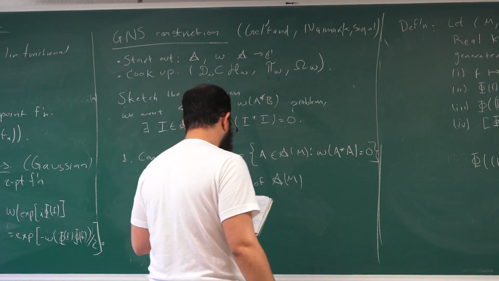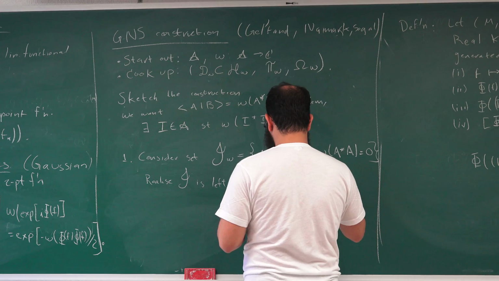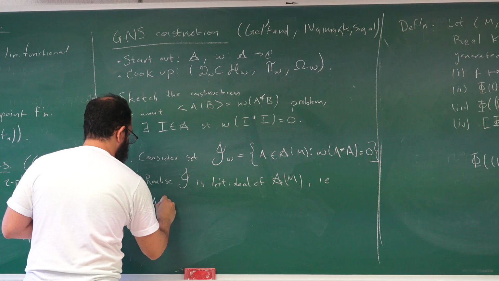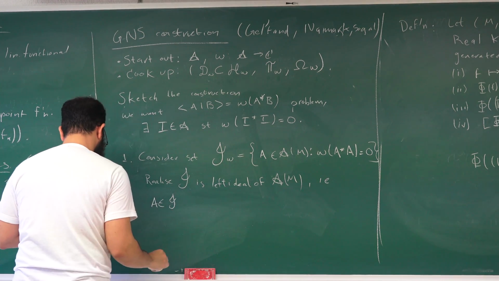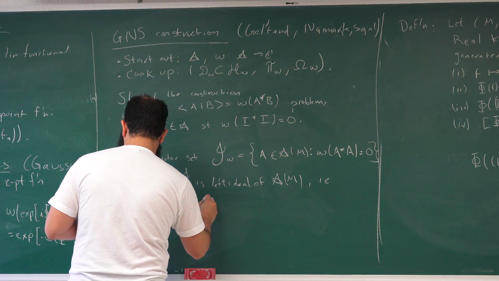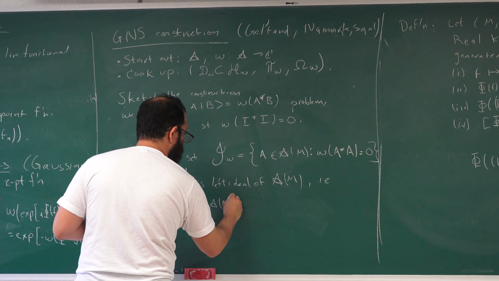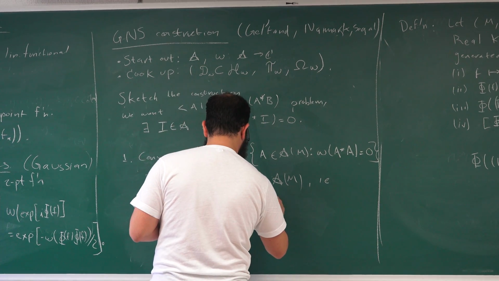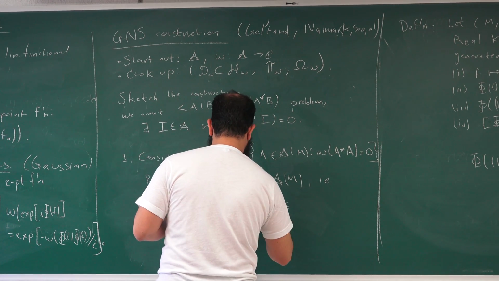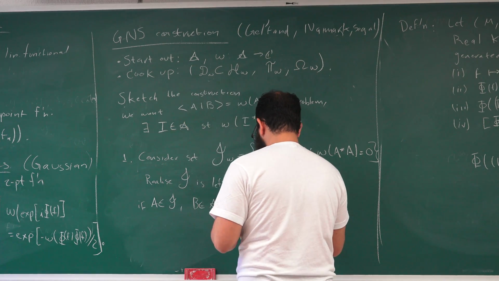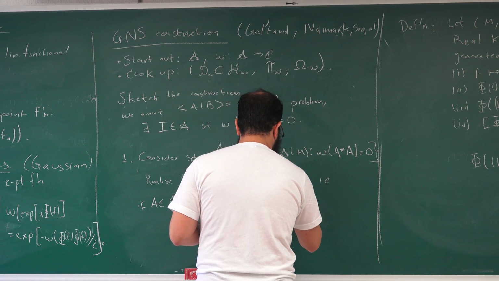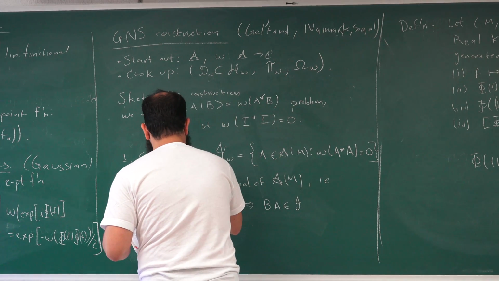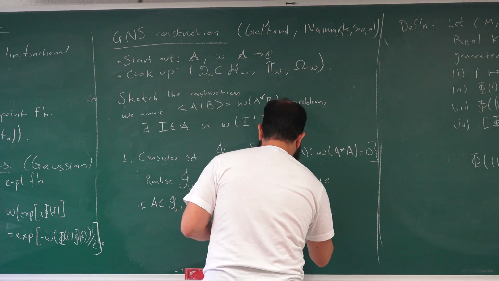What it means is, let me tell you what that means. If I take an element of the ideal and an element of the algebra that is not necessarily in the ideal, then their product in this order, so algebra element and an ideal element, is in the ideal.